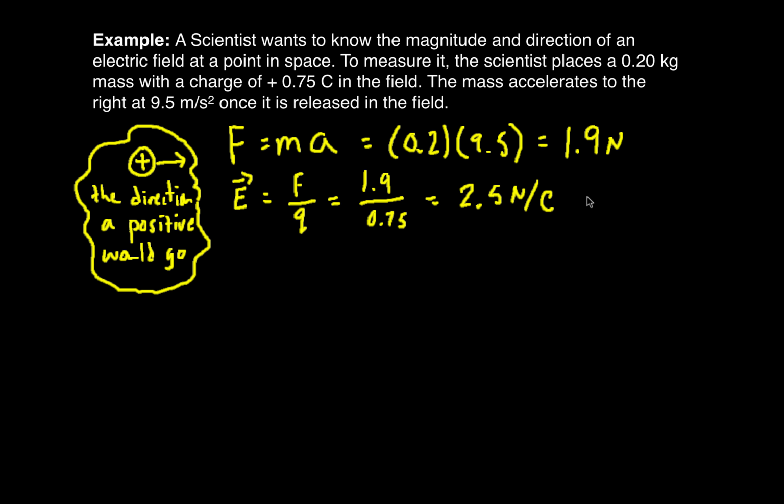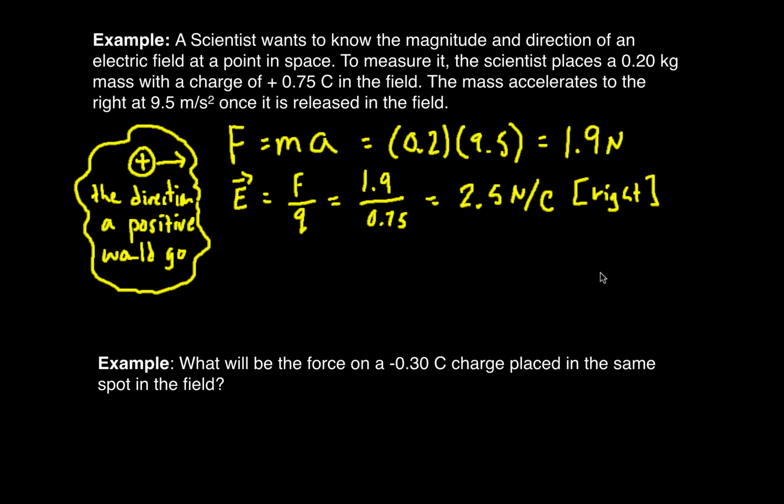Since it's positive and the electric field is the direction a positive would go, we assume the electric field is the same direction as the direction our positive charge goes, which is to the right.